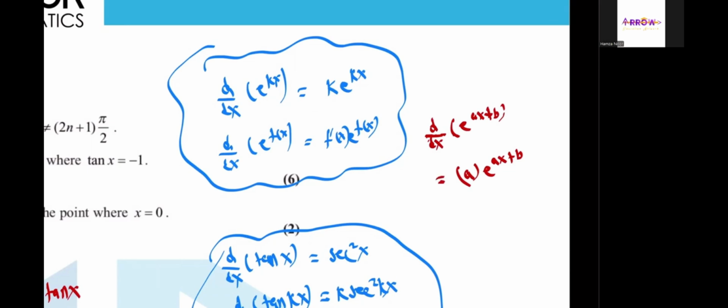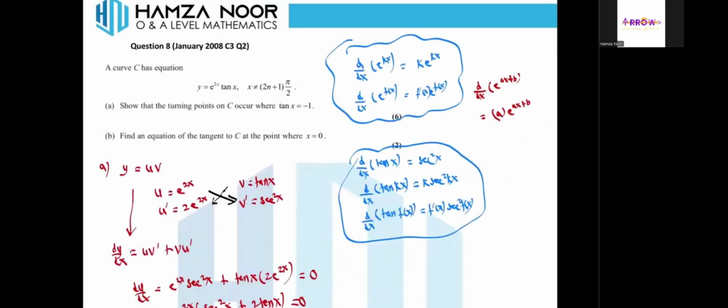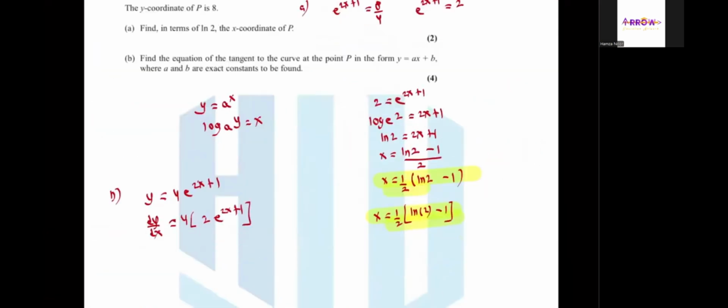All of these three forms are established using the chain rule. All right, so that is the concept.